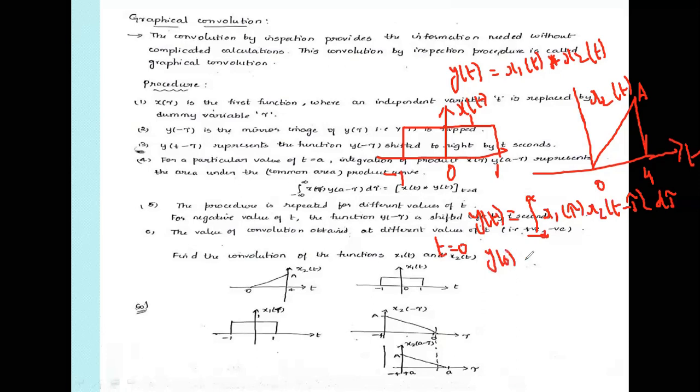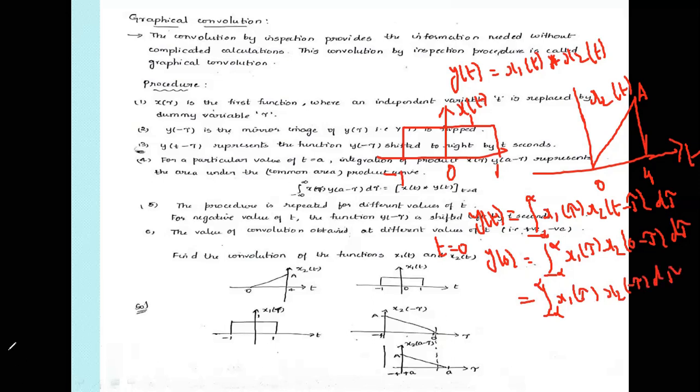Y of 0 is equal to the integral from minus infinity to infinity, x1 of tau, x2 of 0 minus tau, d tau. That is equal to the integral of x1 of tau, x2 of minus tau. The folded function, x2 of minus tau.